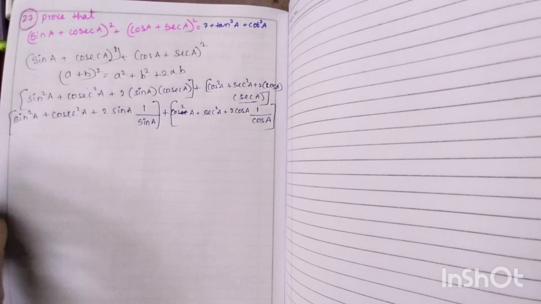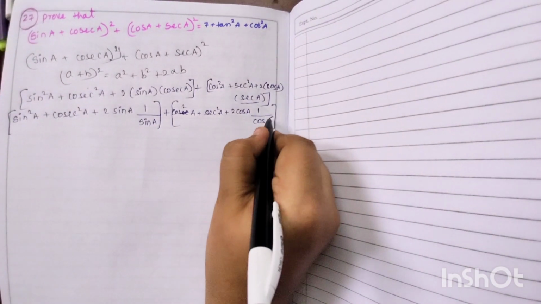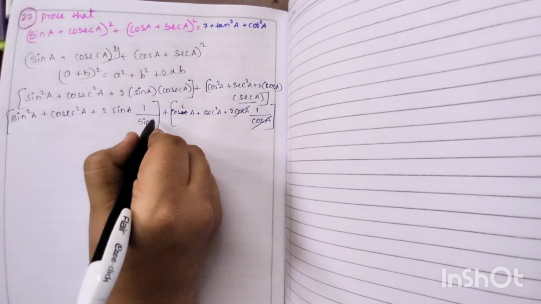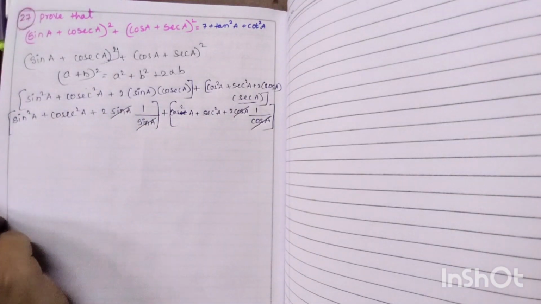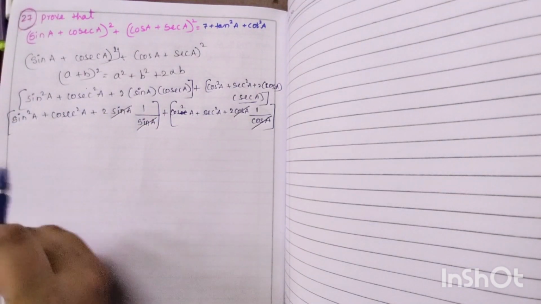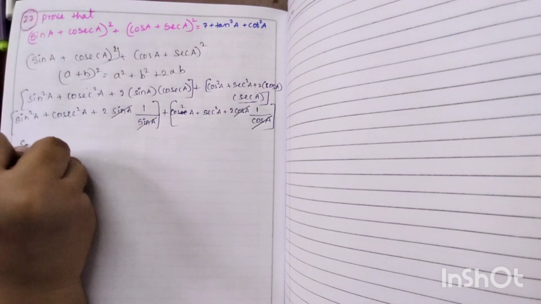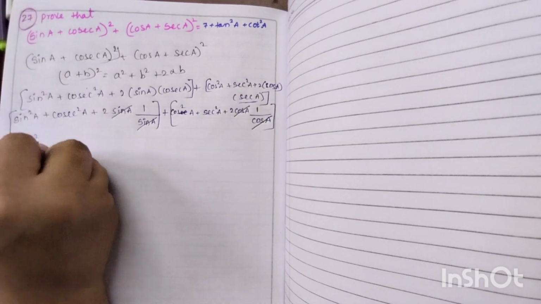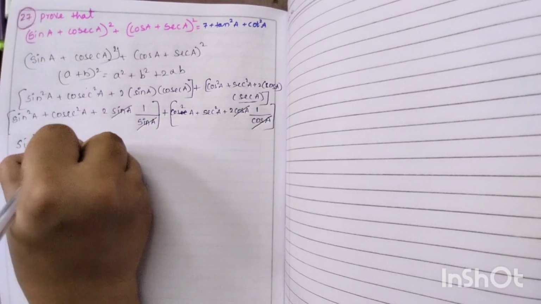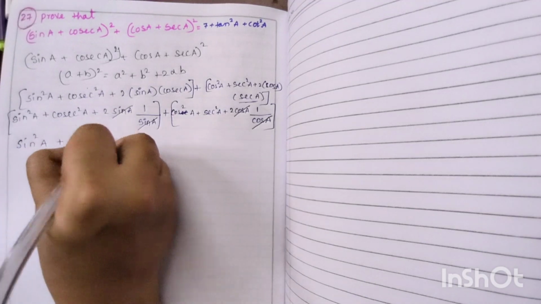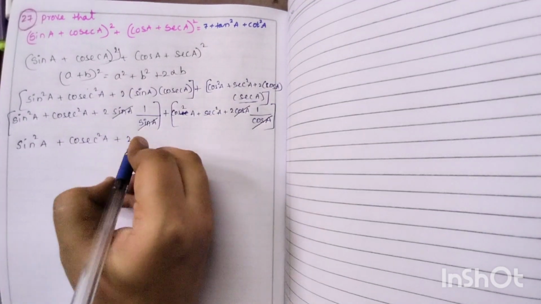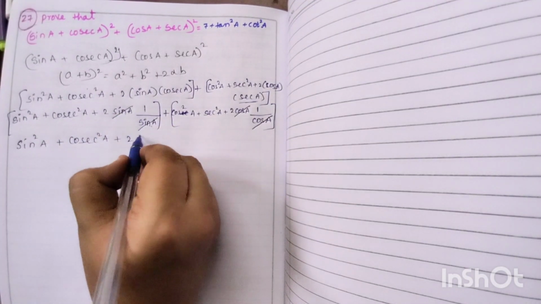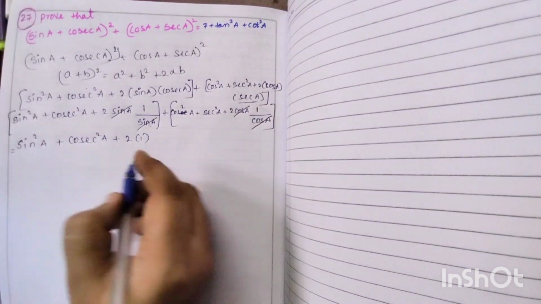Now let's cancel this with this, sine a and sine a. Then what we will remain with? We will remain with sine square a plus cosecant square a plus 2. 2 into 1 is nothing but 1 itself, but also I'll write it out.